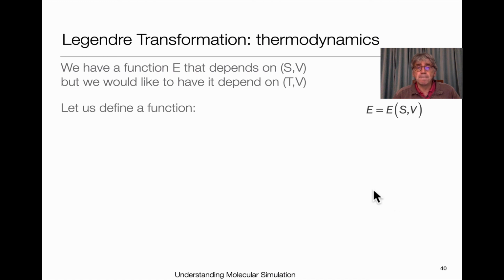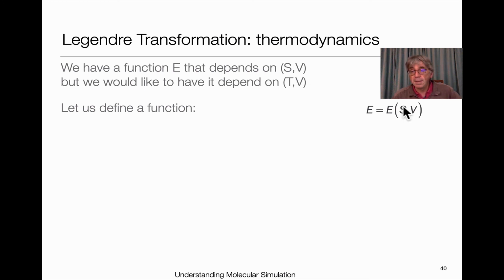So, classical thermodynamics, just to recap. We have a function, the energy, that depends on the entropy and the volume, but we would like to have it depend on T and V. And that was something which was very convenient for our equilibrium conditions, because we had this small system in equilibrium with a thermostat.